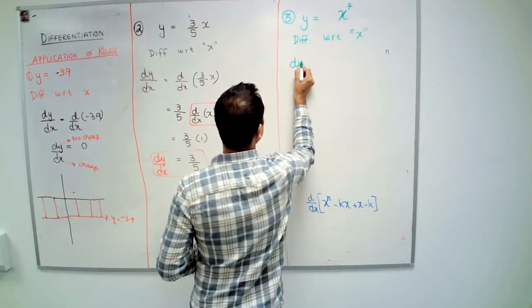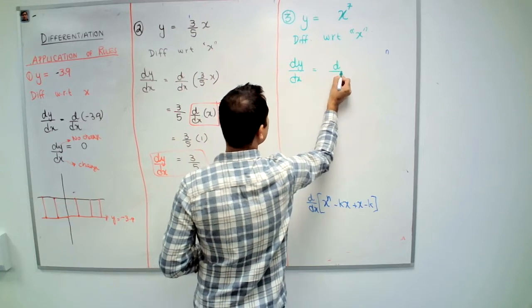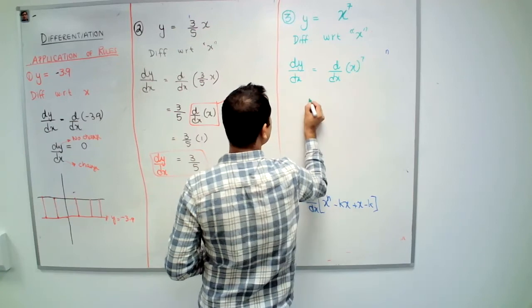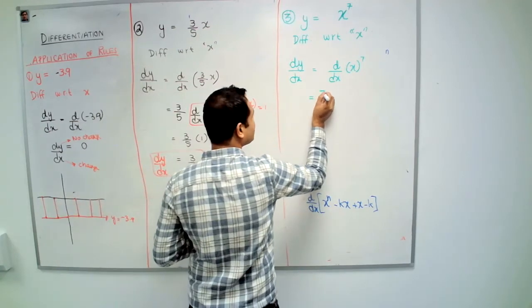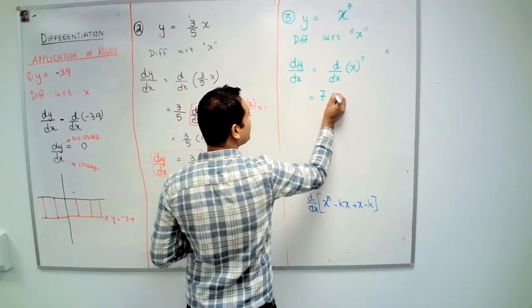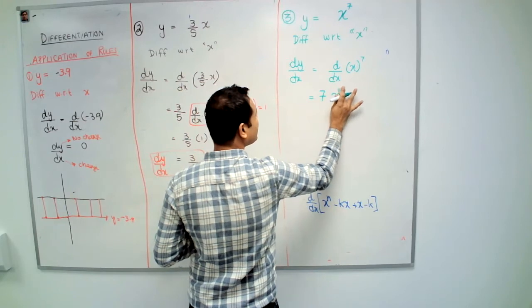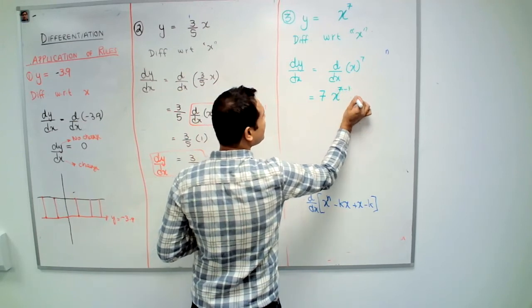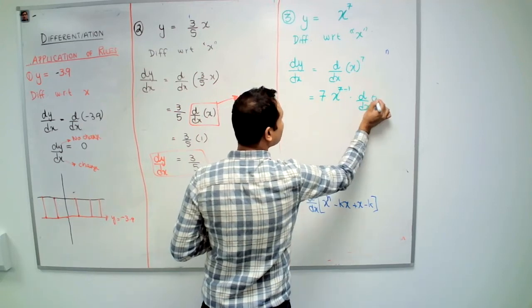So I'm going to do dy over dx equals d over dx of x to the power 7. The rule says the power comes out. What's the power? 7. 7 comes out. Reduce the power by 1, 7 minus 1. And then you just differentiate whatever is here.